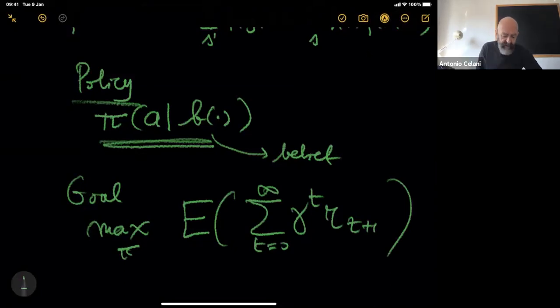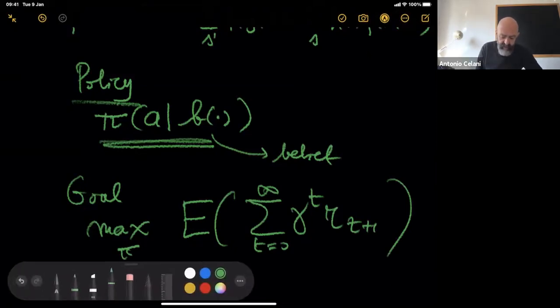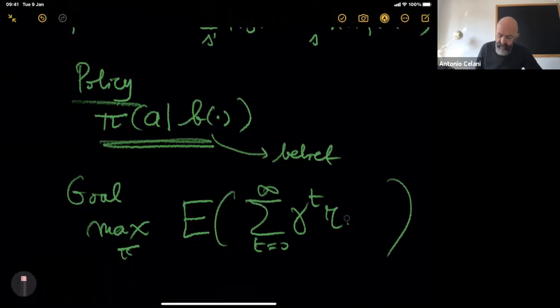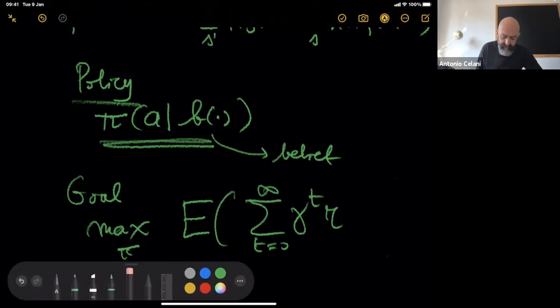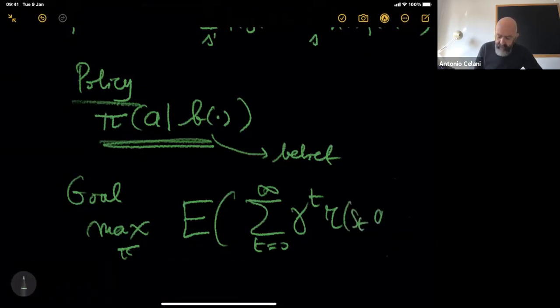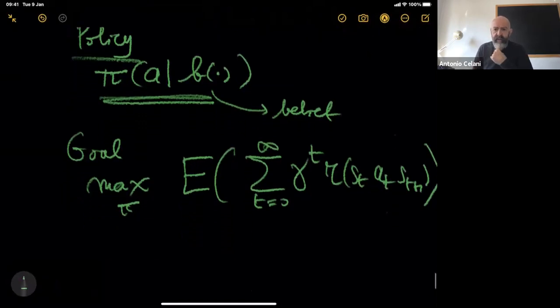I can make it even more explicit, so there's no confusion in what I write. But here there's one thing that has changed with respect to the previous definition.